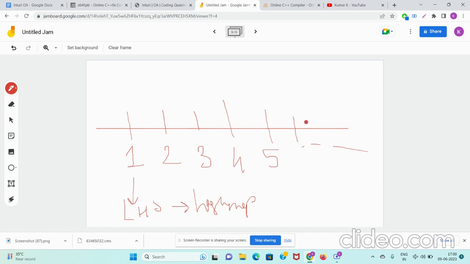Then you can imagine that you reach some index J. You calculate the RHS at this index, and you can easily check in the hash map how many LHS are matching your RHS. As simple as it could get.